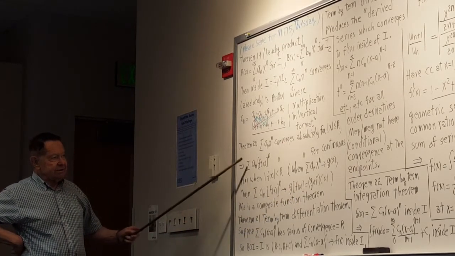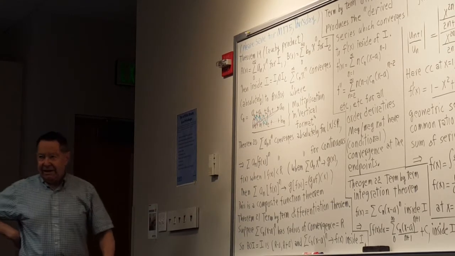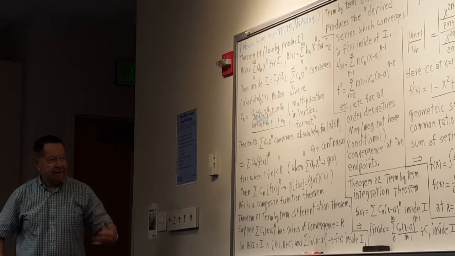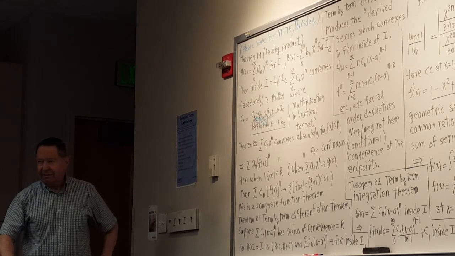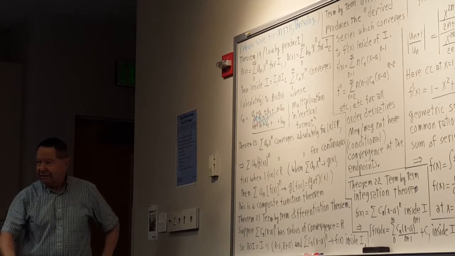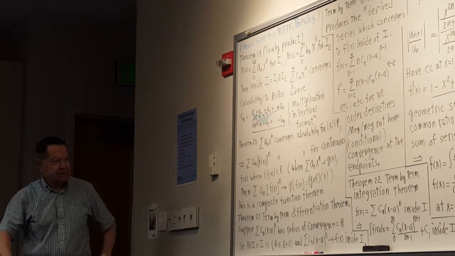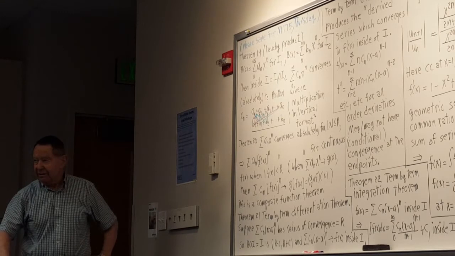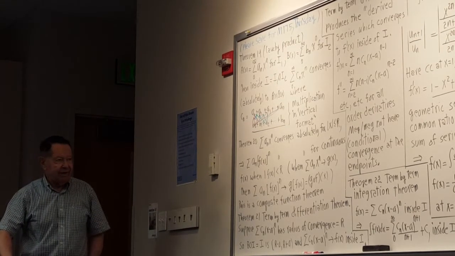So this lets you take a power series that represents some function and substitute for the x's with some other function, and then you end up with the composite function, g of f.